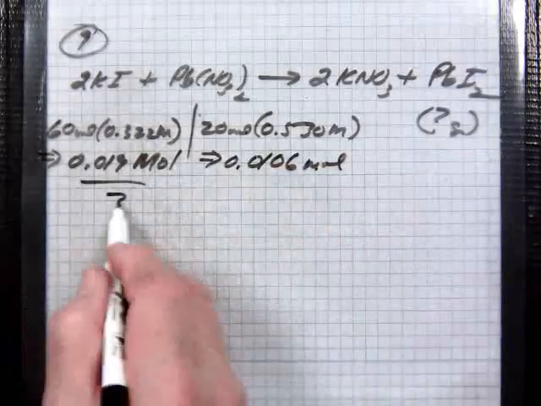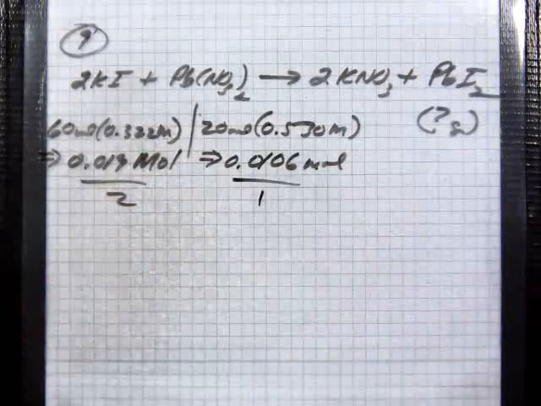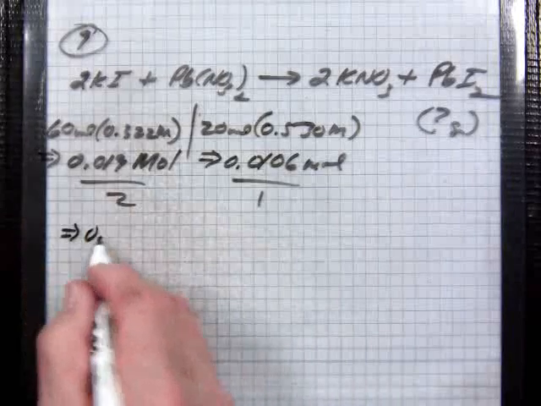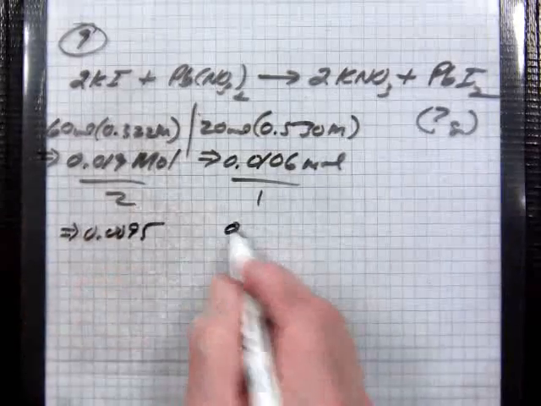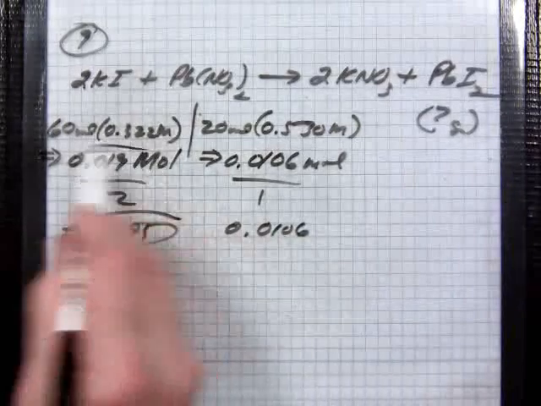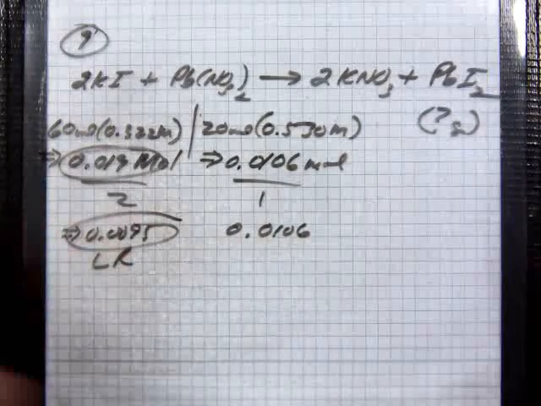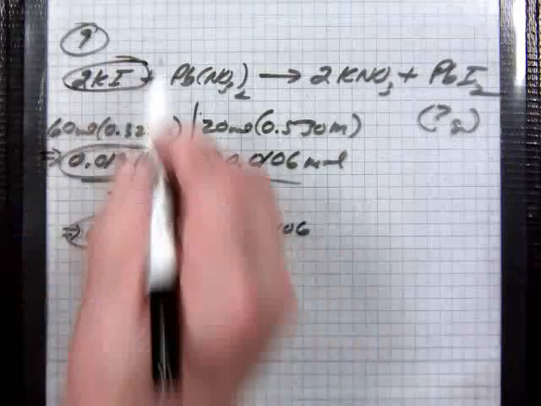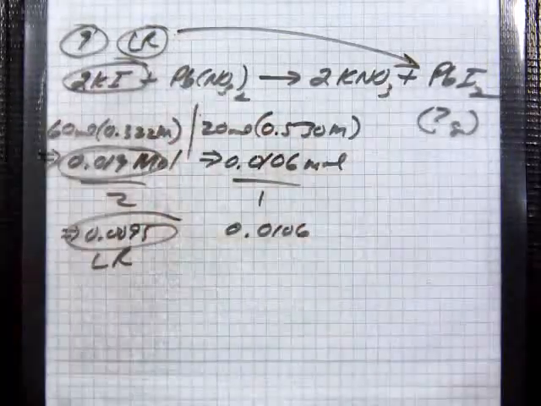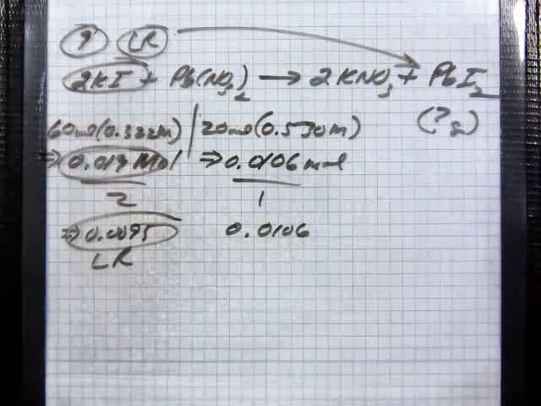And this was divided by 2, that was divided by 1, 0.95, and this is 0.0106. So there's your limiting reagent, and we have to work from the 0.019. So limiting reagents to define the lead iodide.